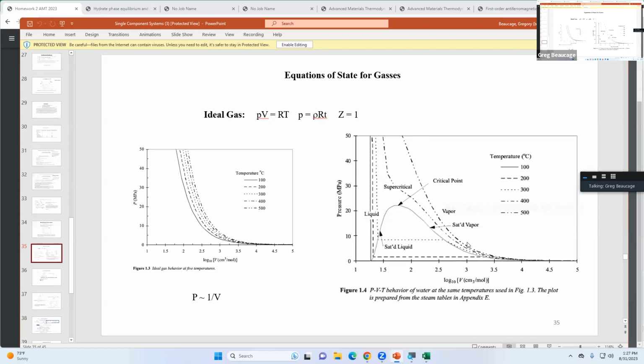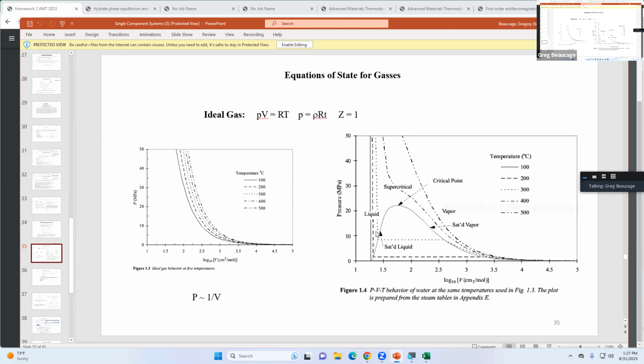The 500 is almost like supercritical steam. That curve at high temperature and high volume follows the same shape as an ideal gas, with this 1 over V dependence. And then as you cool it down, this other behavior shows up that isn't anything like an ideal gas.